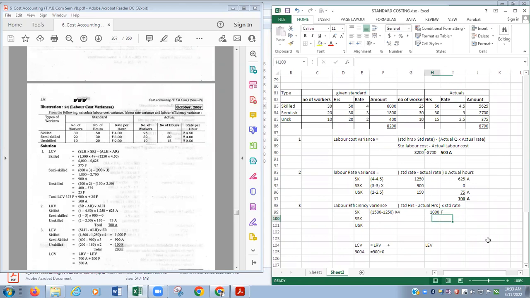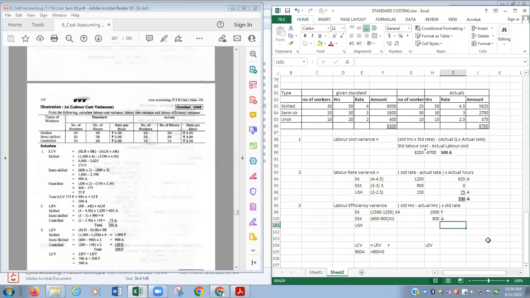For semi-skilled, standard hours were 30 into 20, 600, minus actual 30 into 30, 900, into standard rate is 3. Clear? So 300 into 3, it will be 900, but adverse. We have paid for more hours. 900 adverse. Clear?